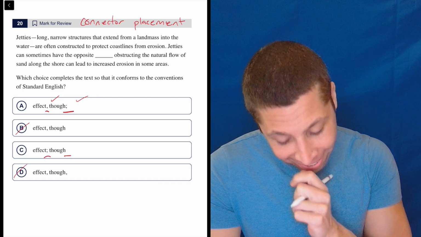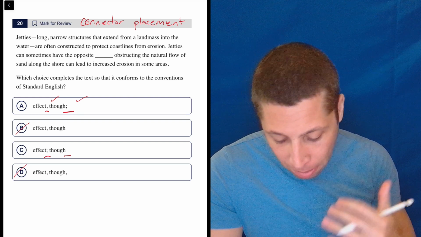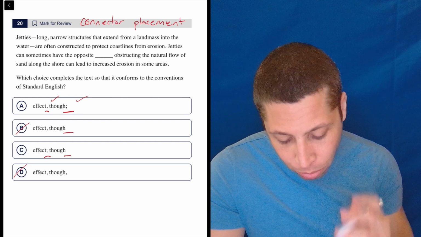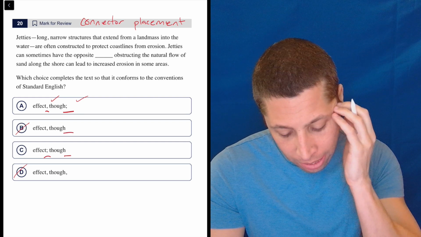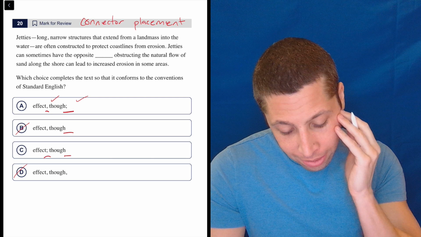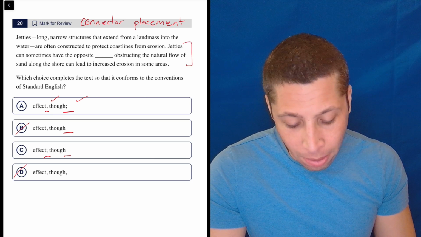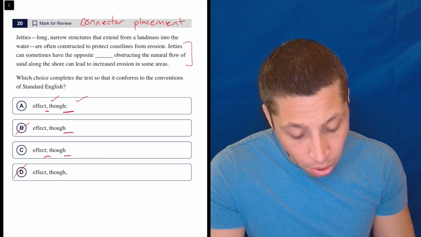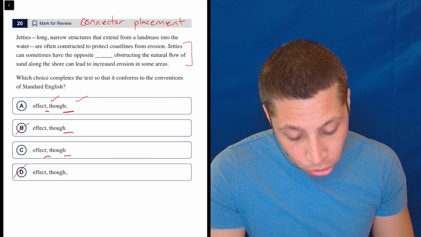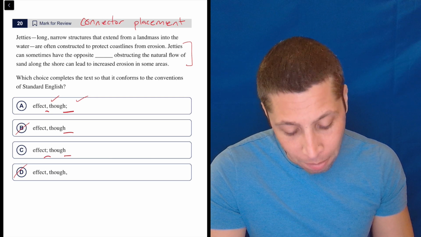Though there is a temptation here to pick maybe B or C, and it's because, again, there's no comma afterwards. So let's take a look at it. Yeah, let's see how I'm going to explain this. This is hard. Jetties can sometimes have the opposite effect. Though obstructing the natural flow of sand along the shore can lead to increased erosion in some areas.